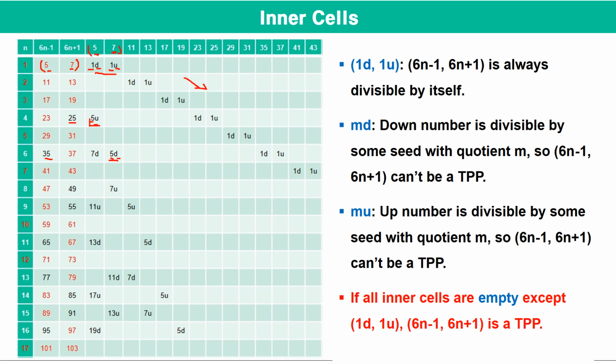If this kind of value appears as a cell, this cannot be a twin prime pair. But like this one, if all cells are empty except this 1D 1U pair, it is a twin prime pair.